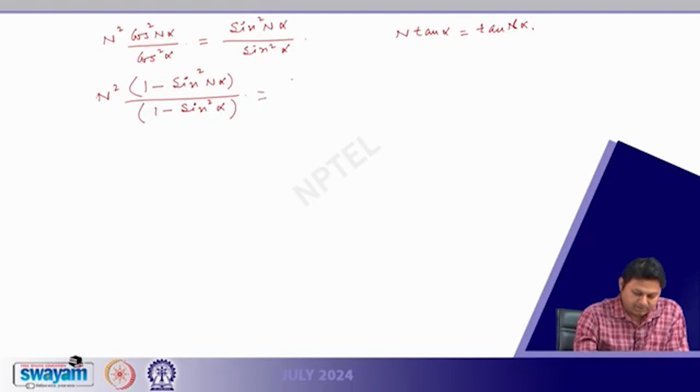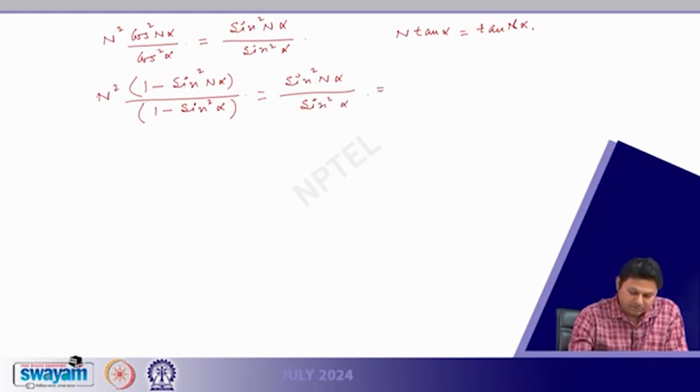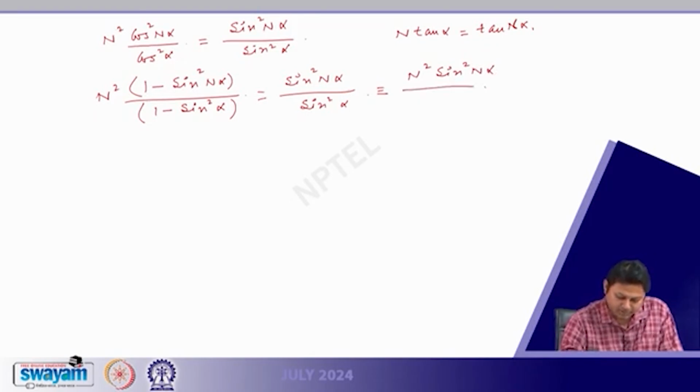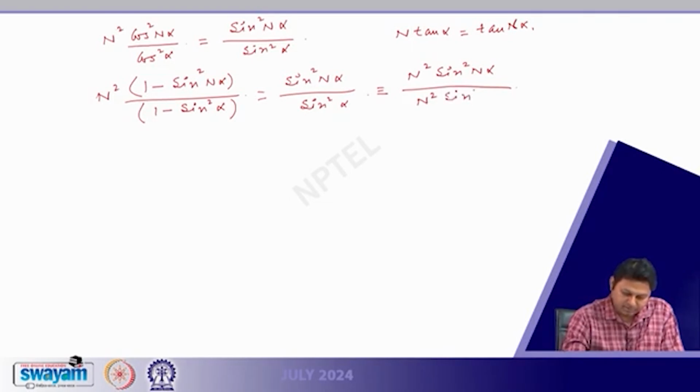This side is sin square n alpha divided by sin square alpha, which is equivalent to n square sin square n alpha divided by n square sin square alpha. Just multiply n square on both sides.